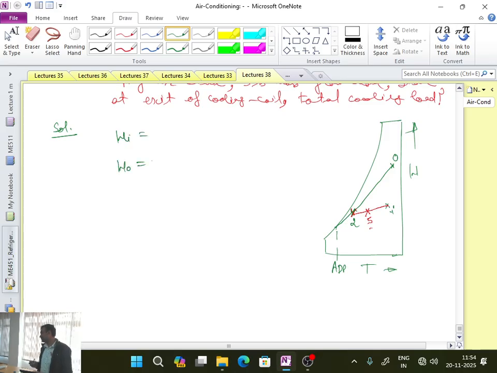What are the values? WI is 0.0093. And what about W naught?